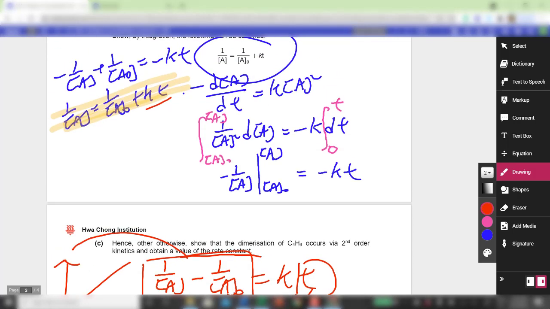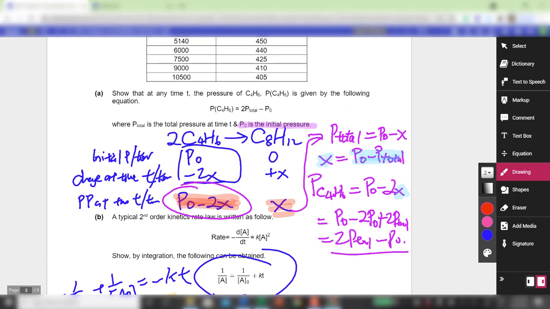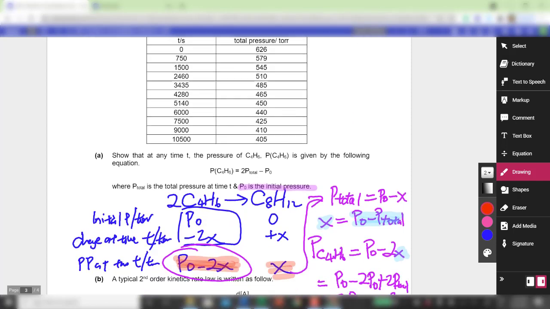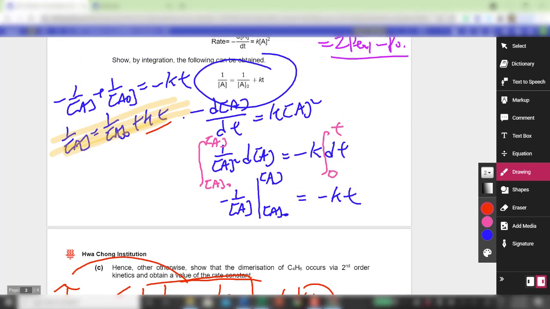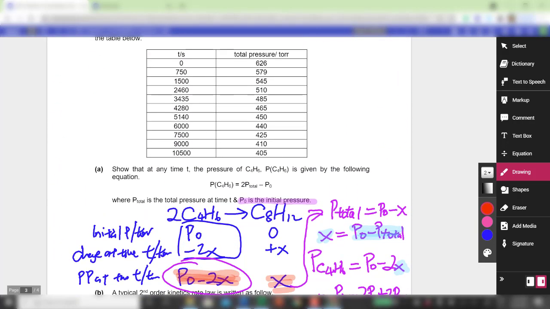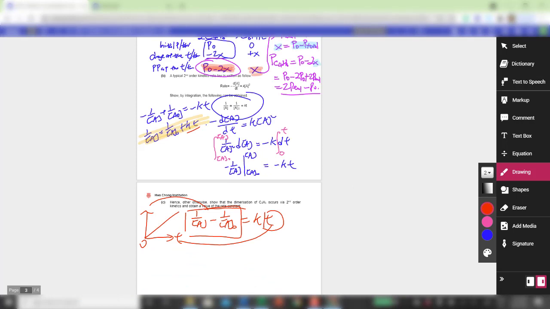In our case here, A is actually the partial pressure of C4H6. So let's do that. Of course, there are many ways to do it. If you want, you can choose to plot 1 over A against t. That's fine also, and then you get 1 over A naught as the y-intercept. So it's very flexible.